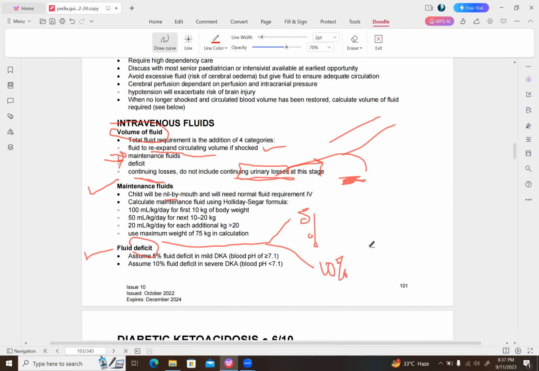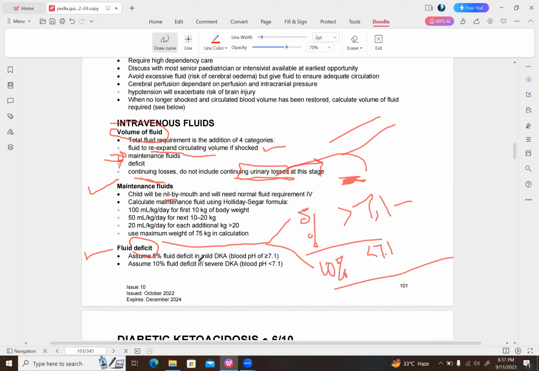If the pH is less than 7.1, then it is 10% dehydrated, and if it is 5%, it is more than 7.1 to 7.2. All right.